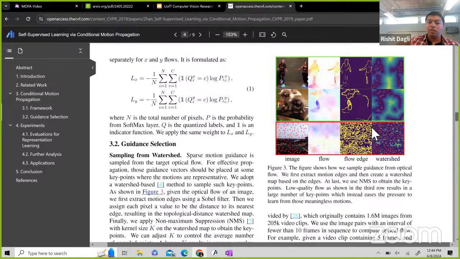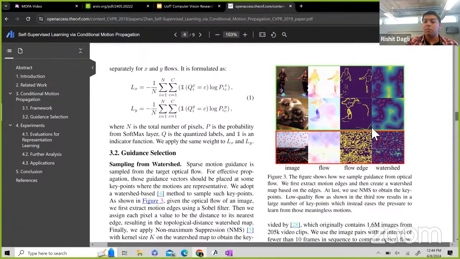A big problem with this is that what people often do is approximate what would happen if you do the watershed with a very large kernel size. And if you approximate that, you happen to get very idle motion.